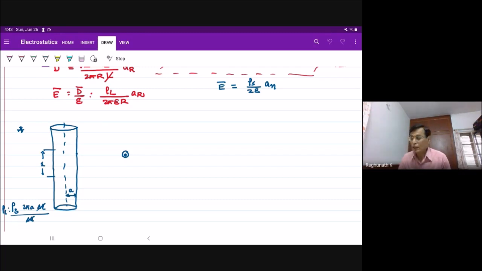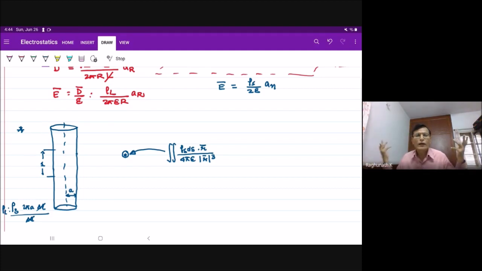Essentially using the double integral of rho S dS into general R bar divided by 4 pi epsilon into mod R bar whole cubed. Can I determine the expression for the electric field intensity at this point using this integral? It is nearer to impossibility because it's extremely difficult.